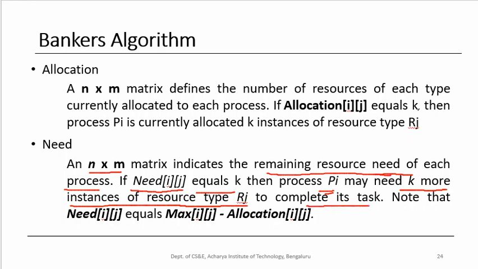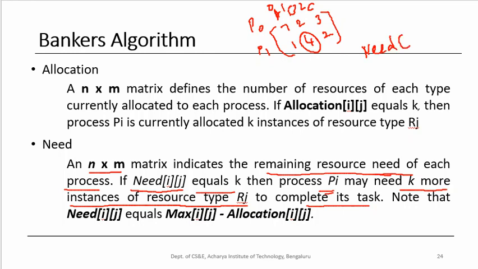Okay, so let us say we have a matrix like this of order 2 cross 3. A, B, C are the resource types. Let's number these 0, 1 and 2, and we have elements in this matrix like this. Now if you take need of, what is the value of i? You have to tell me.